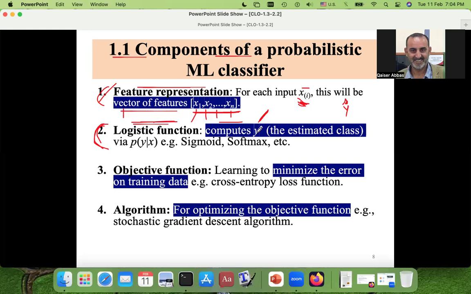And what is this Y cap? This is the target class, the class that your model is going to estimate, in other words, the class for which your model is going to calculate the probability. And normally, what is the equation for the probability? This is the equation: probability of that class given X. This X is given, the input is given, and you are going to predict some class Y for that.